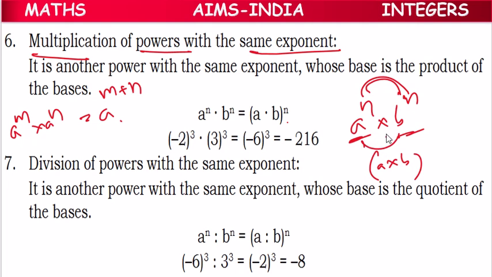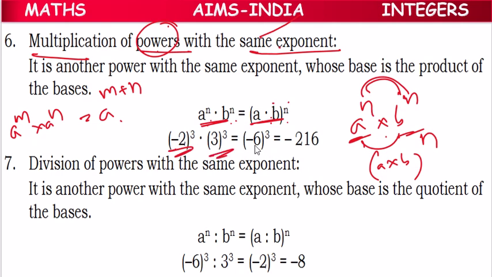So product of bases whole power n, common power. While doing multiplication of powers with the same exponent, their base will be the product of both the bases and the power will be the common power.